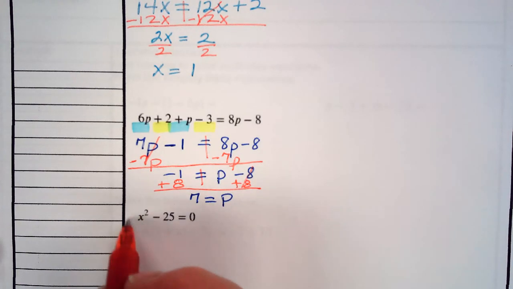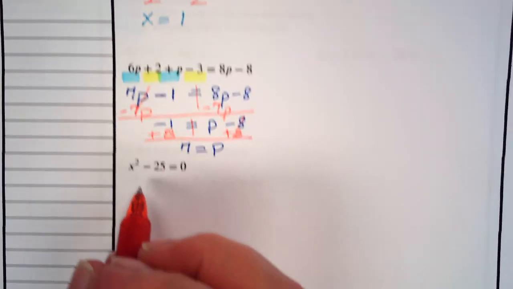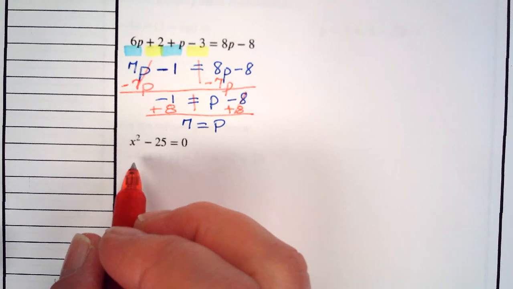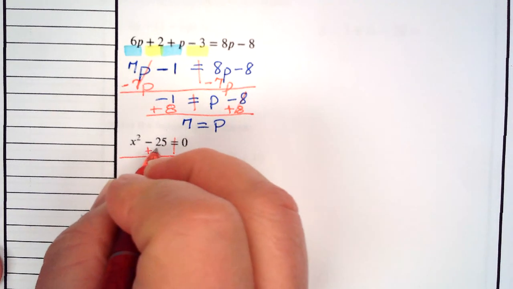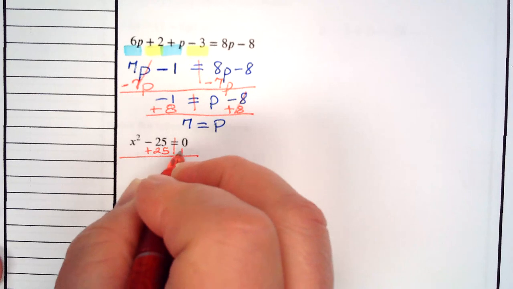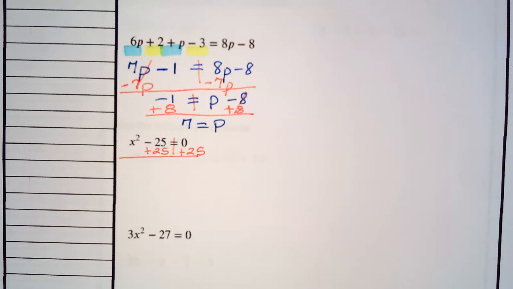You isolate this variable. I've taken x squared and I've subtracted 25. The opposite is to add 25 to both sides. And I end up with x squared is equal to 25.